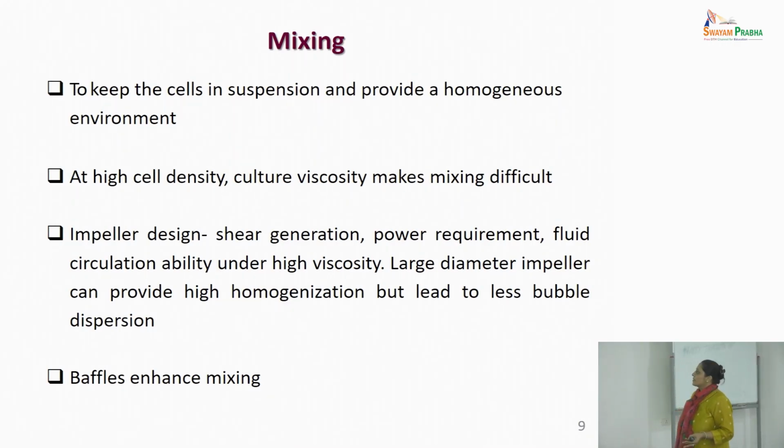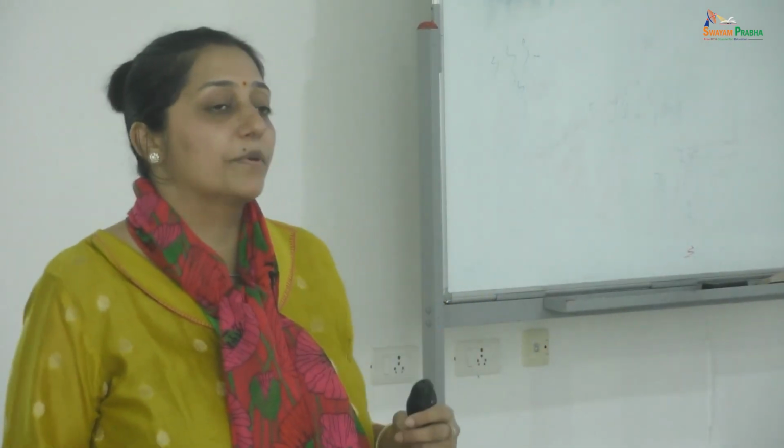The fluid circulation ability under high viscosity can also be impacted by the impeller design. A large diameter impeller can provide high homogenization but lead to less bubble dispersion. So again, a compromise. Although it is a good homogenization efficiency, at the same time, what are you compromising on? The dispersion of the air.